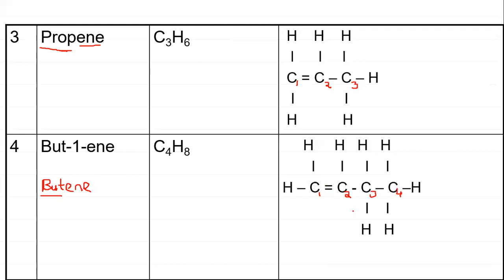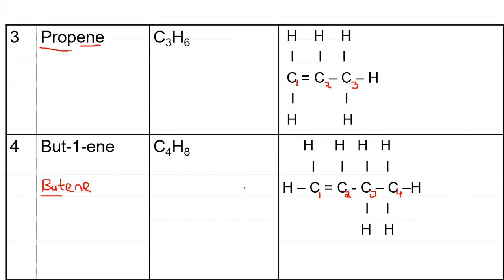So it's between carbon 1 and 2. In other words, the double bond is on carbon 1. So I need to give the position of the functional group. The functional group is on carbon number 1. It's between carbon 1 and 2, but we take the lowest number. We say it's on carbon number 1.